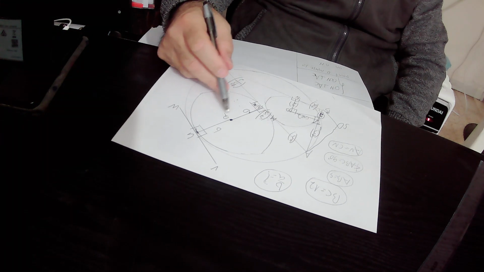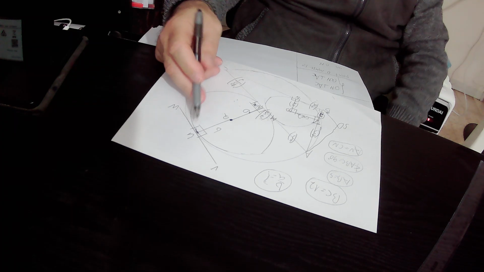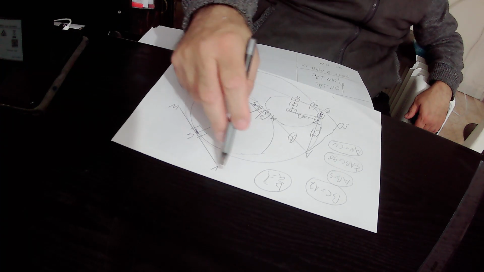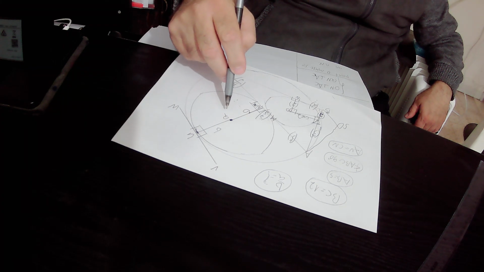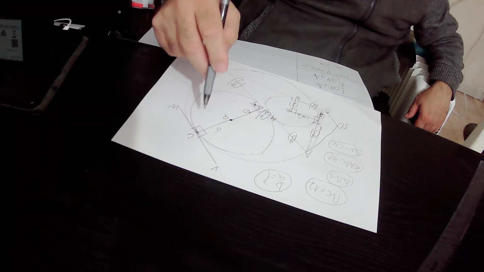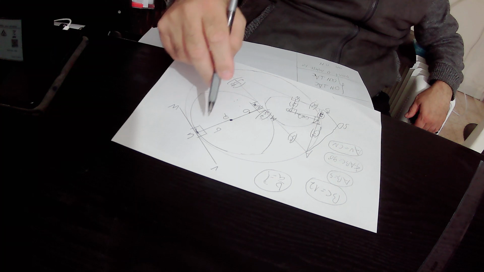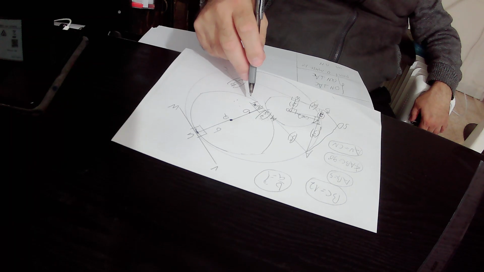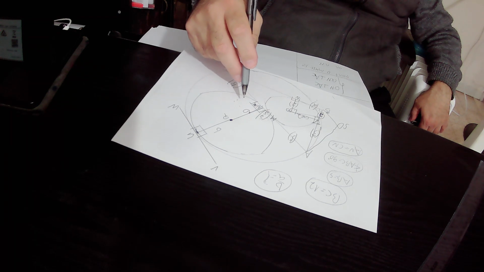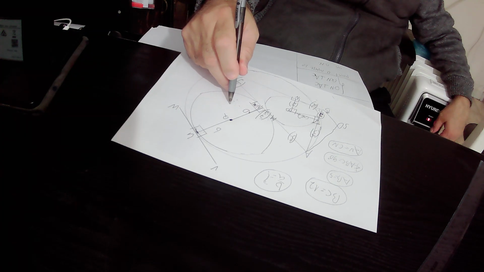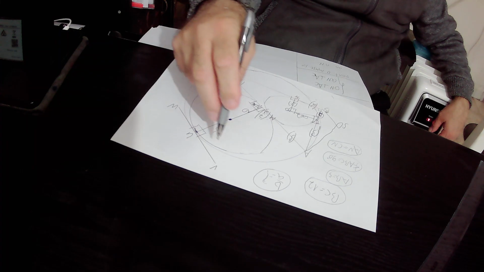Both QU and OU are perpendicular to tangent VW at point U. If, for example, point O is not located on the straight line QU, and it is located here, then OU will never be perpendicular to VW.